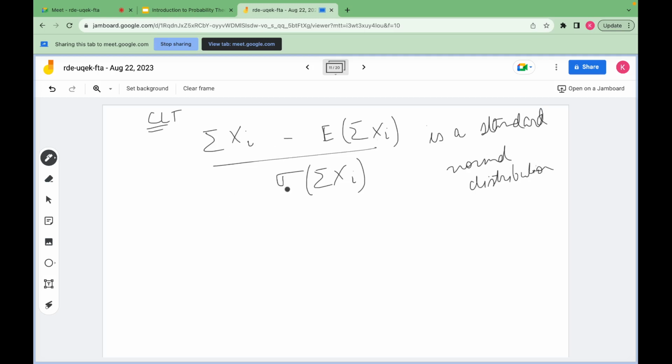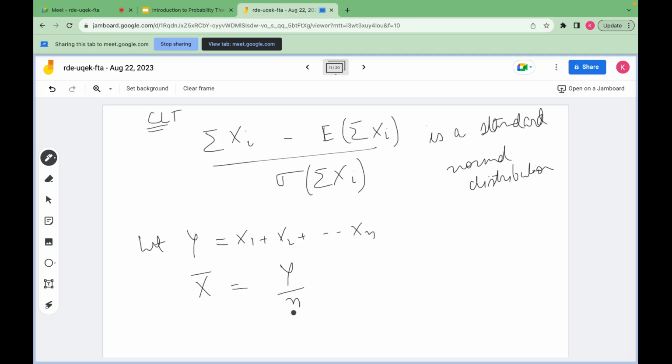So we need to do something like that. Let y be equal to x1 plus x2 plus ... plus xn. This x bar is nothing but y by n.